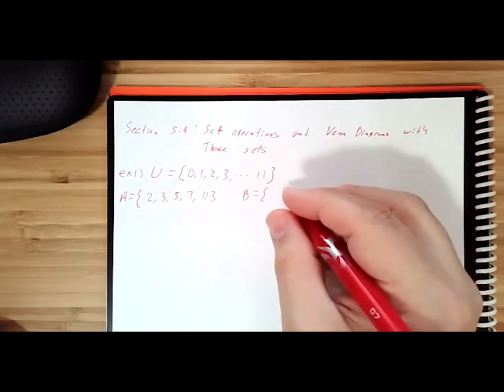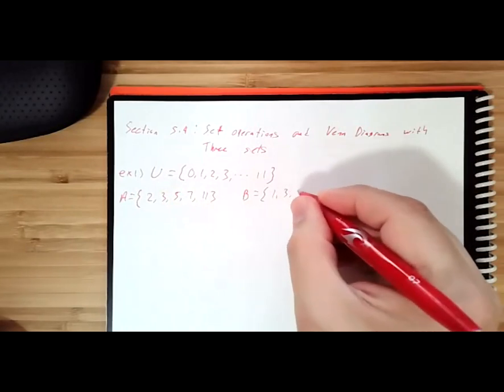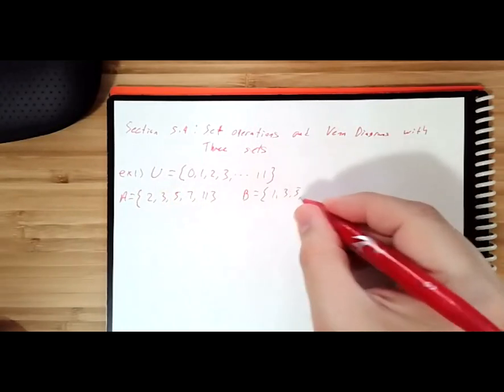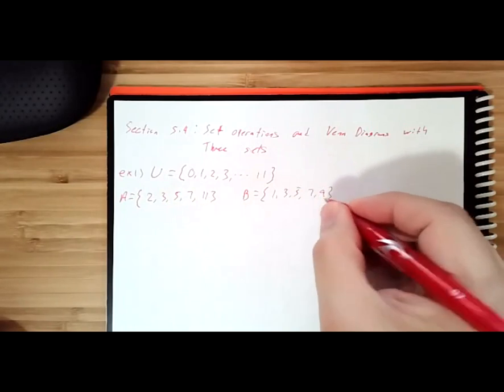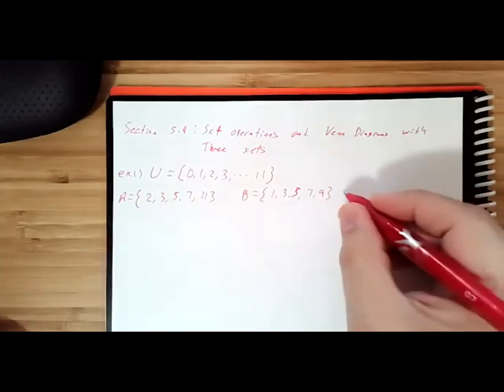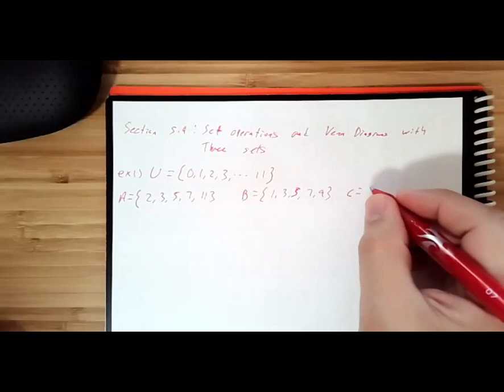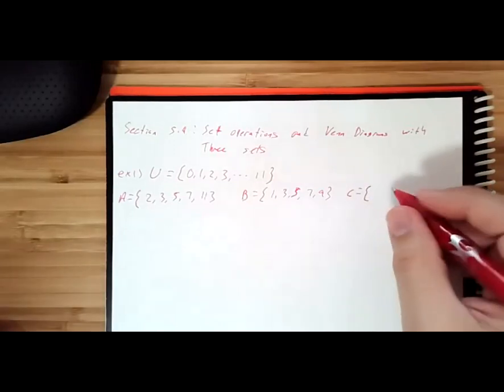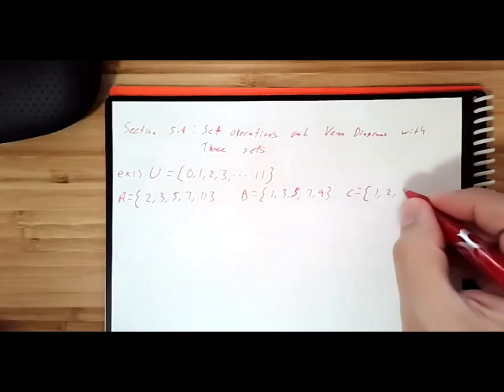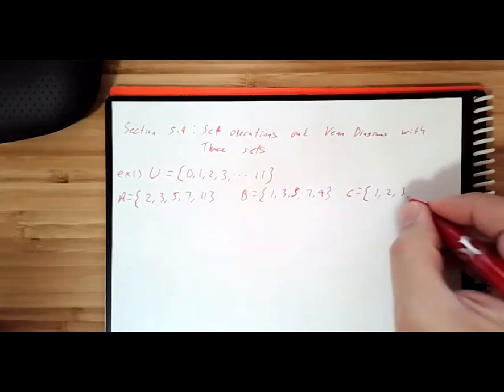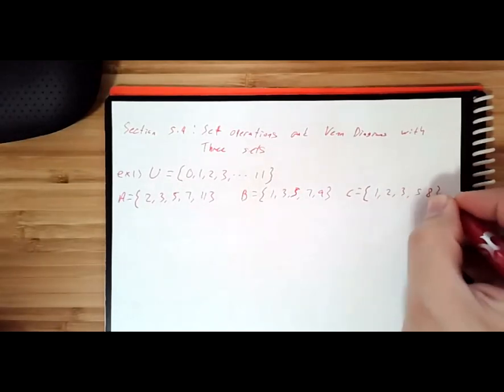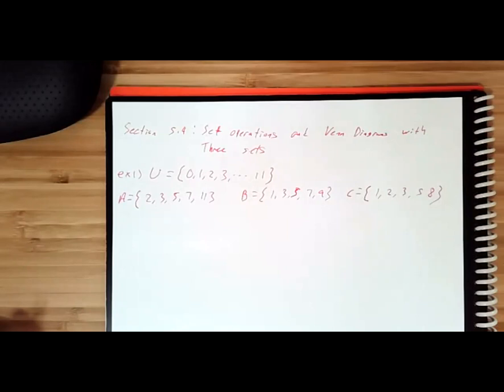B is 1, 3, 5, 7, 9. 1, 2, 3, 5, 8 is C. So this is information that they're giving us.